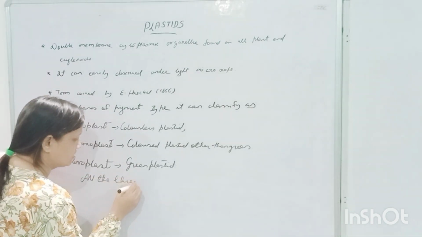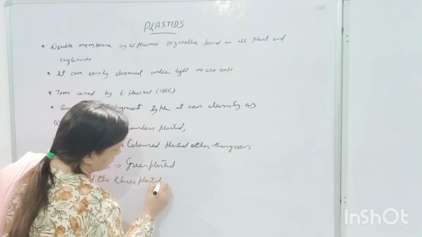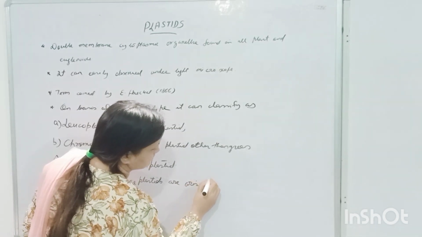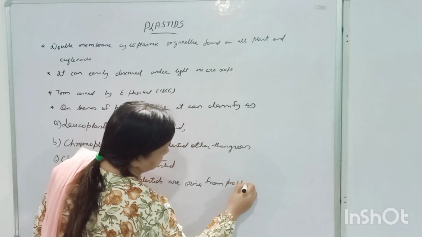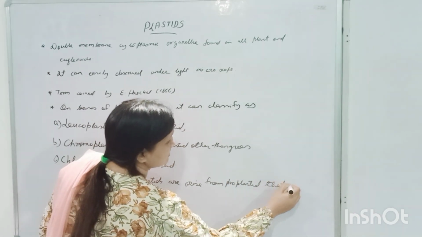All the three plastids arise from proplastid. What is proplastid?